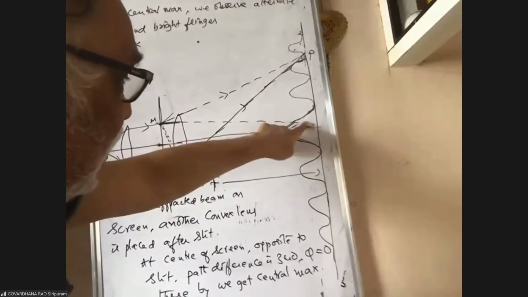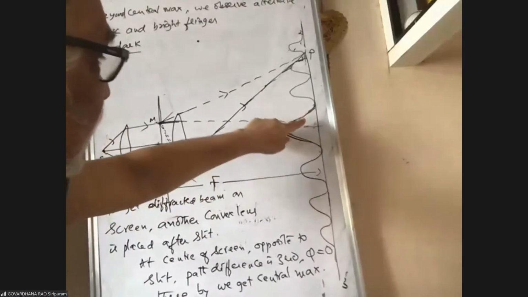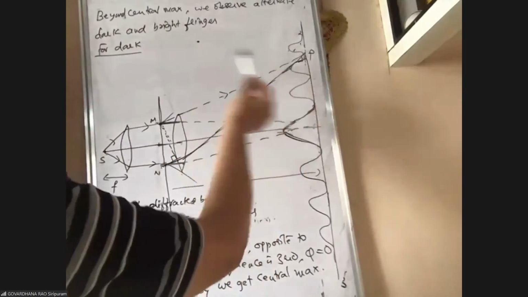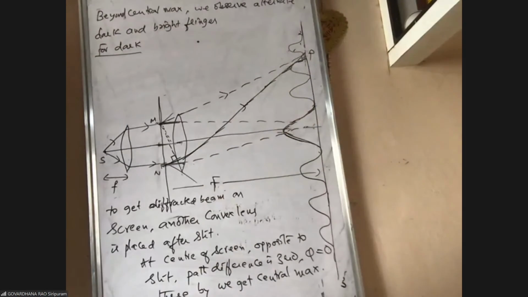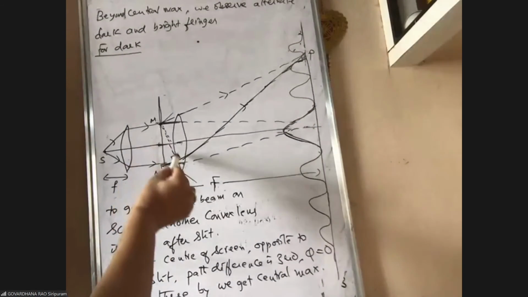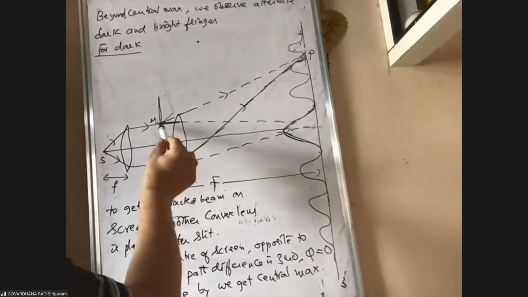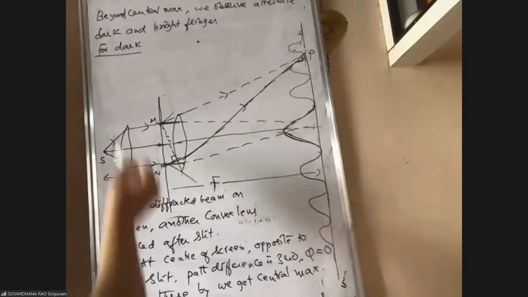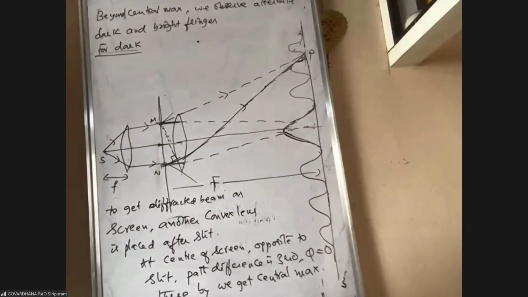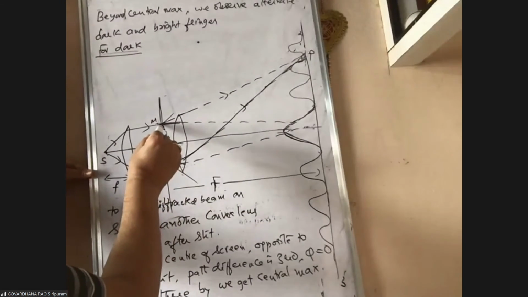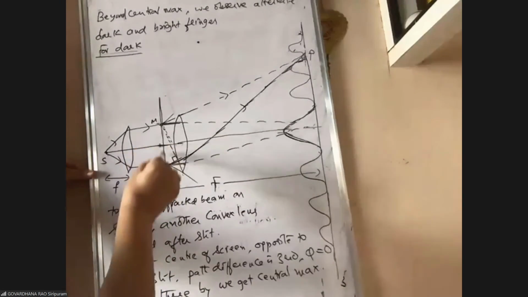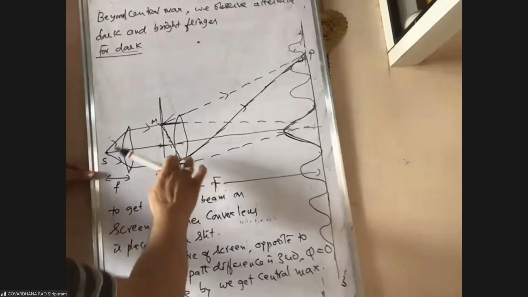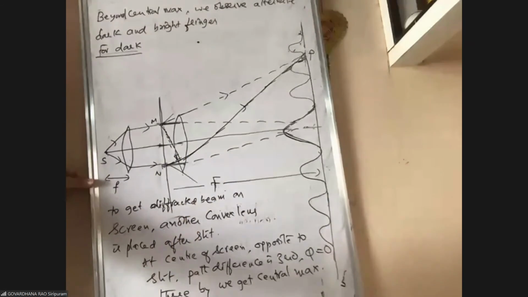Beyond central maxima, we observe alternate dark and bright fringes. He is now explaining why you are getting dark here. Here we are creating a path difference between these two waves which are reaching here. This is the slit, MN.